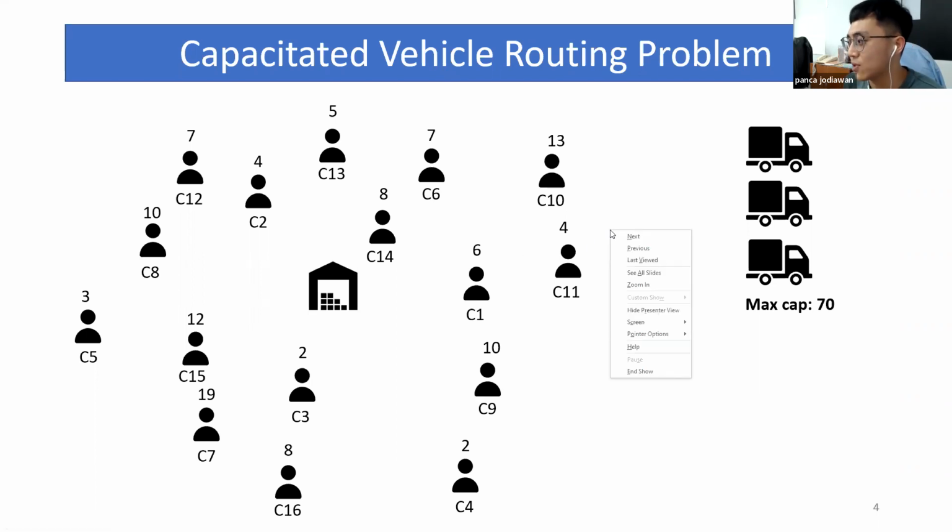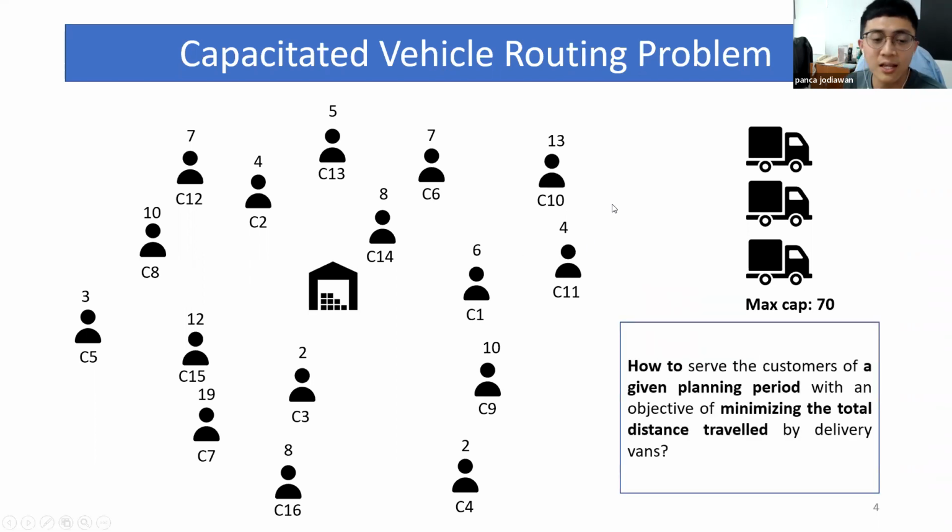So I put some numbers here, and the question is how to serve the given customers in a given planning period with an objective of minimizing the total distance traveled by the delivery vans. I summarized the capacitated vehicle routing problem definition into this equation.